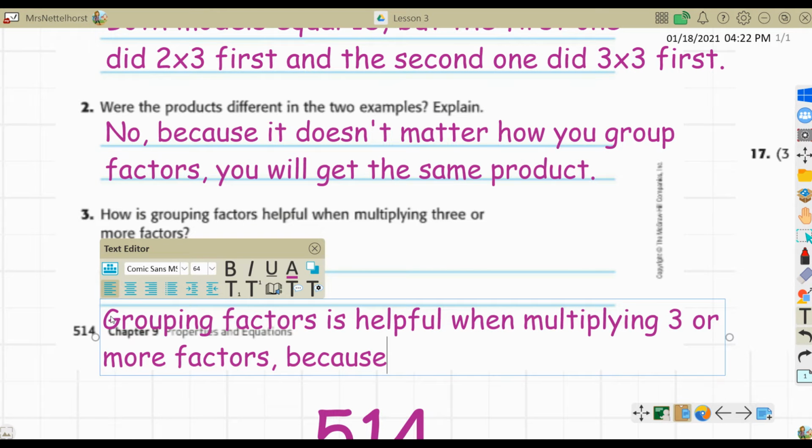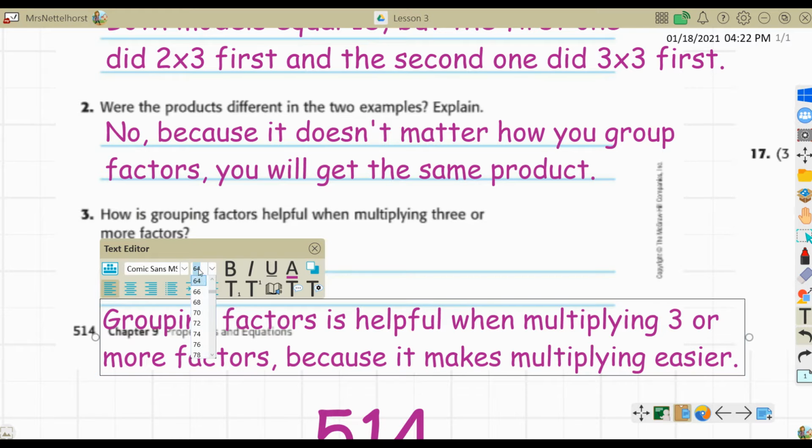So grouping factors is helpful in multiplying 3 or more factors because it makes multiplying easier. Okay, and I'm going to make this a little smaller. I wonder if I can do it without highlighting.